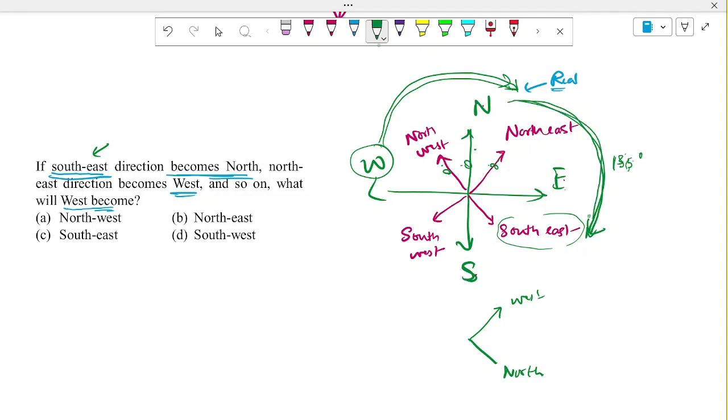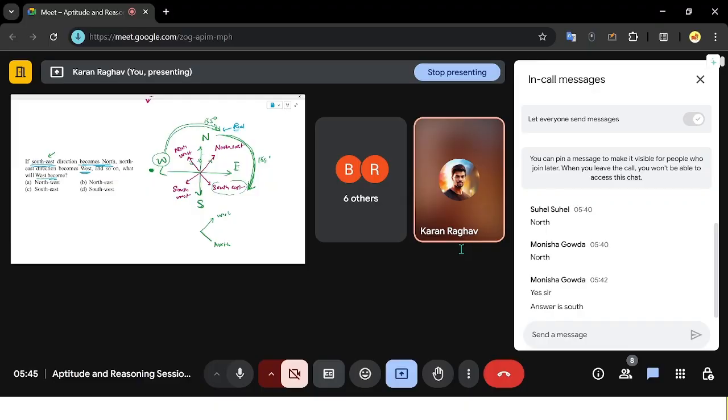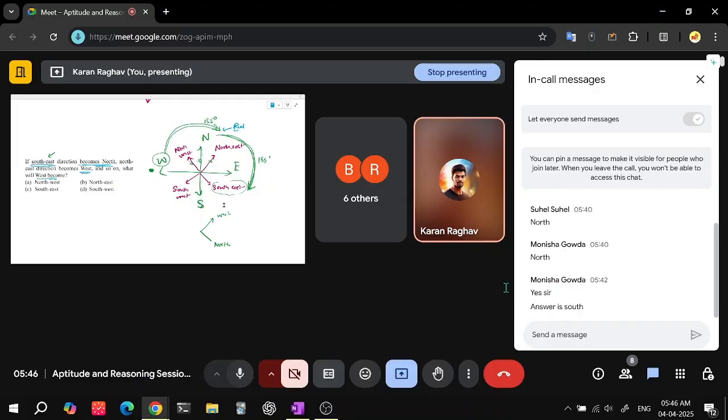You can identify that. And then they are asking what west will become. Means what will be here after rotating it 135 degrees? What will be the answer? You are just rotating it by 135 degrees. That's all.